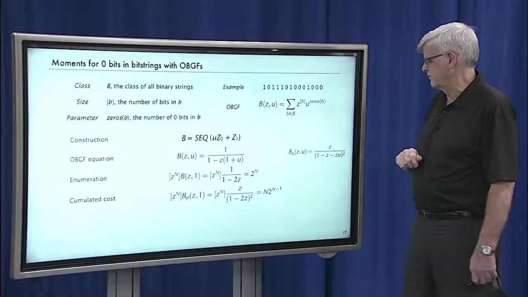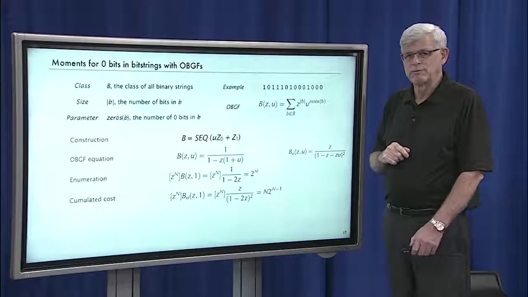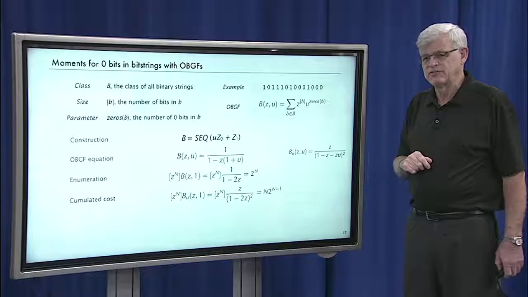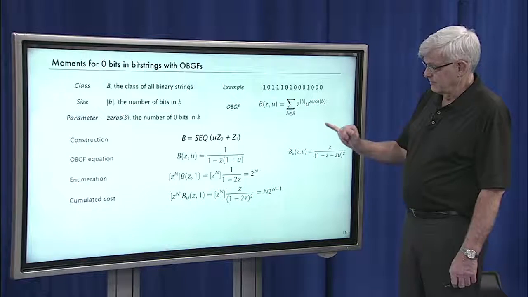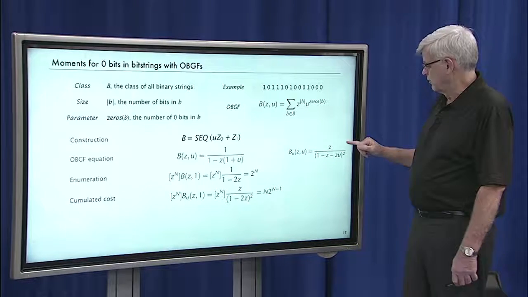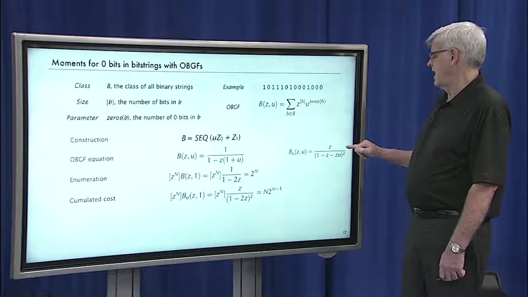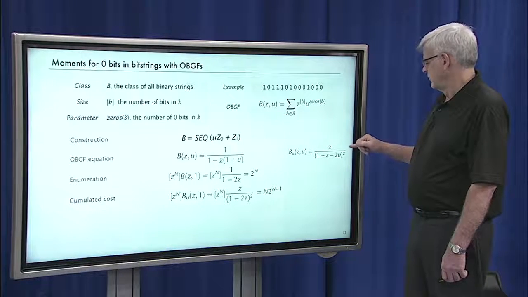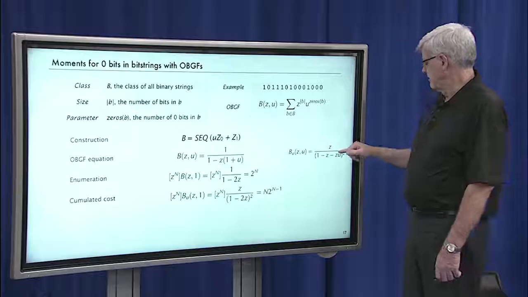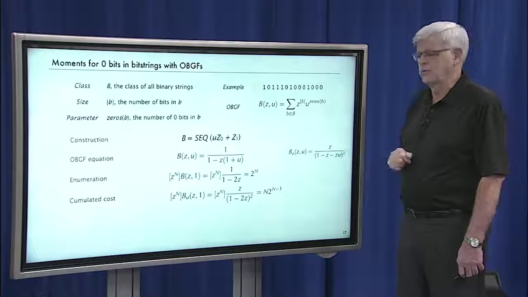The two minuses cancel, so the partial with respect to u of that is over here on the right, z over 1 minus zu squared. And to calculate the cumulated cost, we just evaluate that at u equals 1. So at u equals 1, that's z over 1 minus 2z squared.